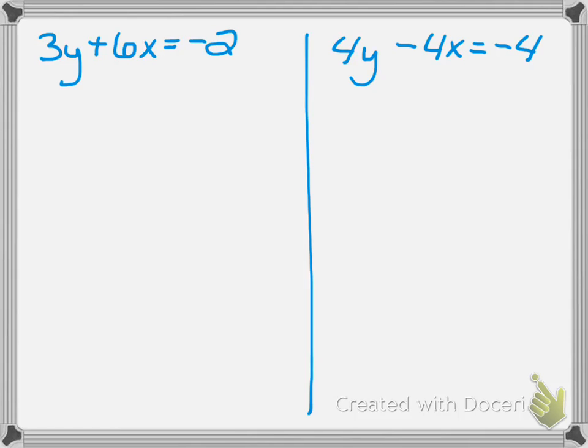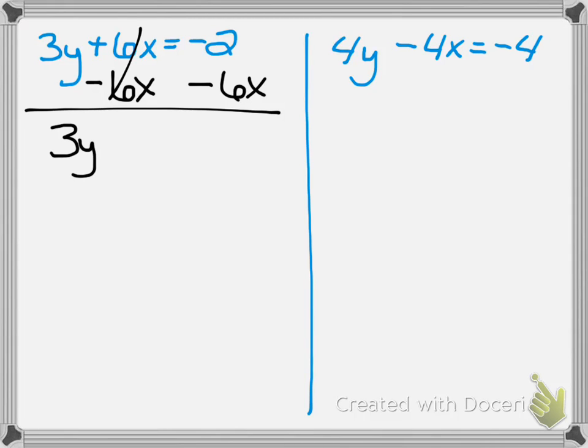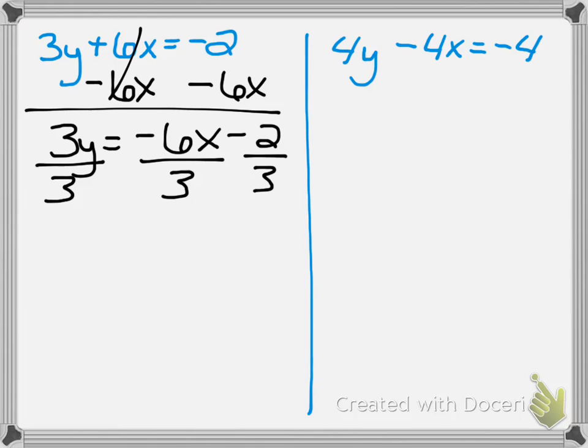My next equation is 3y plus 6x minus 2. I have to subtract 6x from each side. These will cancel. 3y equals negative 6x minus 2. I'm going to divide each side by 3. In this case, I'm going to do it the second example that I gave you.